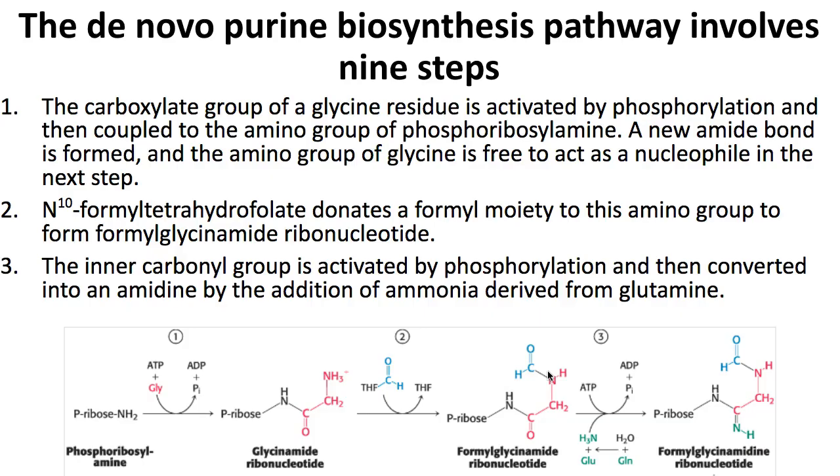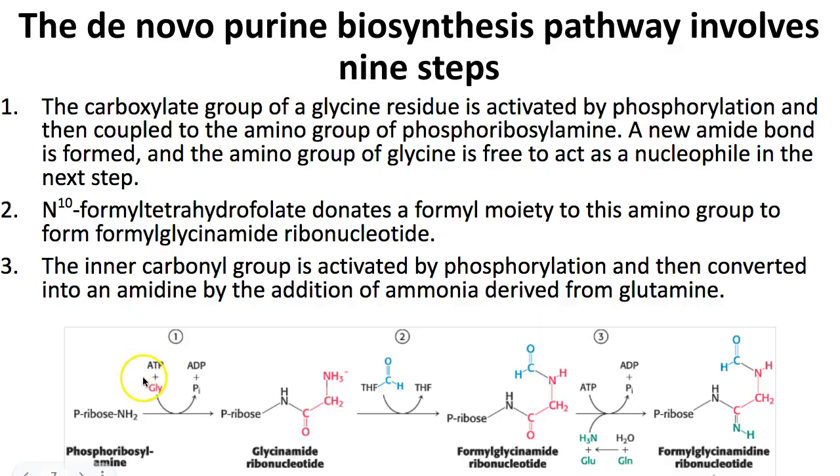So what's happening with the structure of producing this purine ring, which is the de novo pathway? The first step is having the carboxylate group of a glycine, which is listed right here, residue is activated by phosphorylation using that ATP.